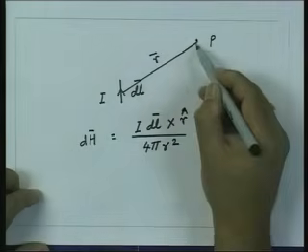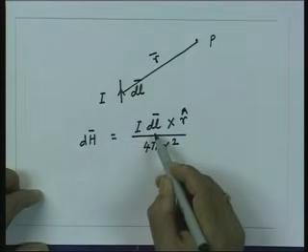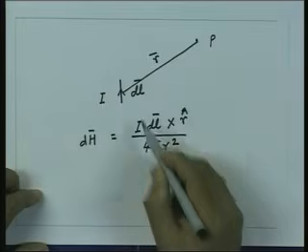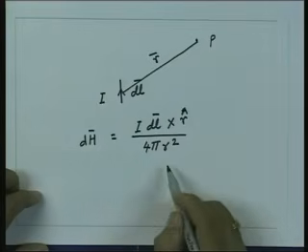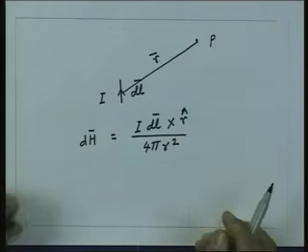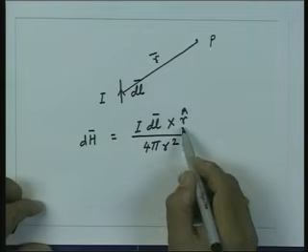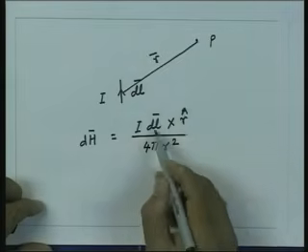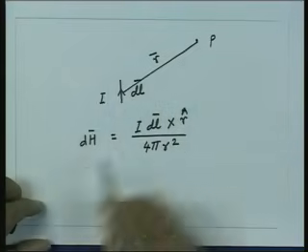The magnetic field is proportional to the current, it is also proportional to the length of the wire over which the current flows, and it is inversely proportional to the square of the distance from the element. dl cross r unit vector is the cross product of dl and the unit vector in the r direction.